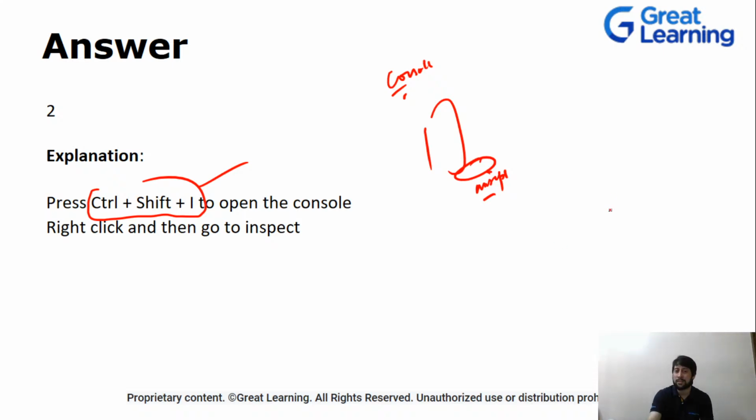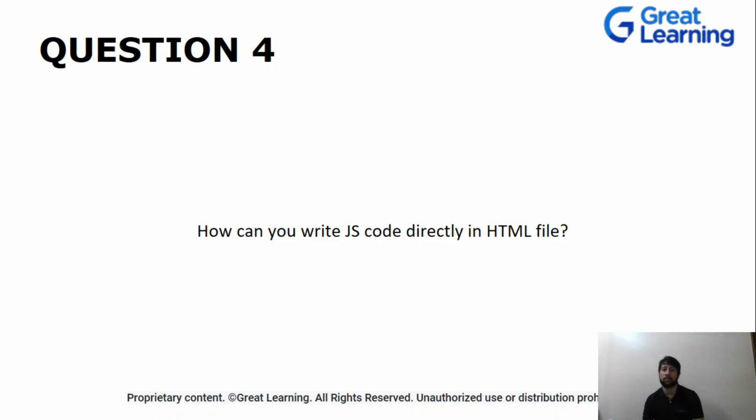It will say, for example, that in the JavaScript file demo.js, on line number 13, there is an error, such as the end of statement is missing. This is the best possible way with which you can debug your program. Okay, now let's move on to the next question.